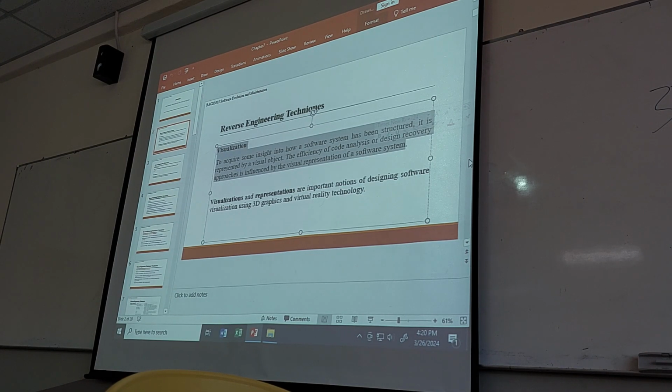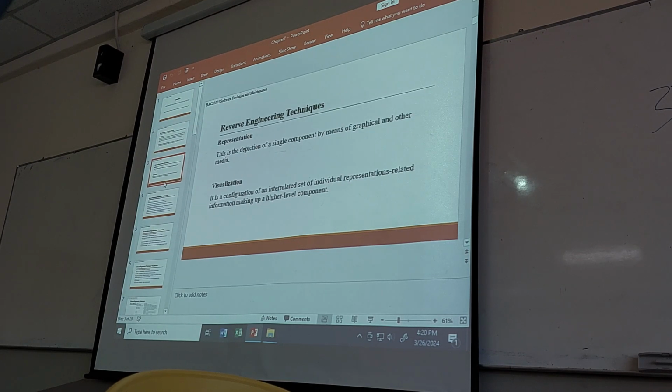Now, however, you look at the second paragraph, visualizations and representation. Actually, these are the 2 terms under this visualization. What is the difference there? Representation is to use a graphical notation to represent a single component.